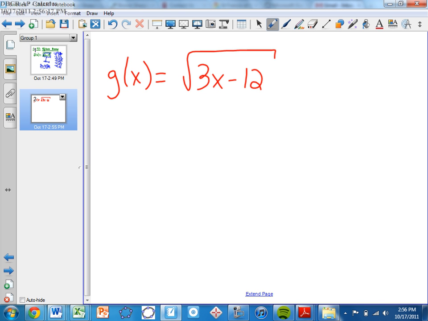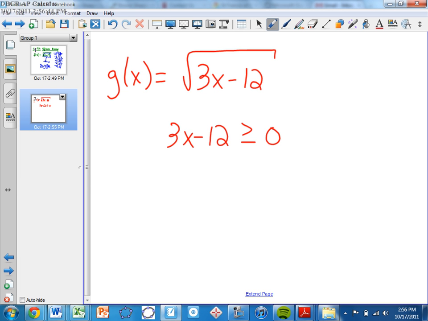Based on what Kelly just said, what can I do with this one? Let's use what she said a minute ago. 3x minus 12 is greater than or equal to 0. Very good. This means that we are setting the radicand greater than or equal to 0, meaning the radicand must be positive.